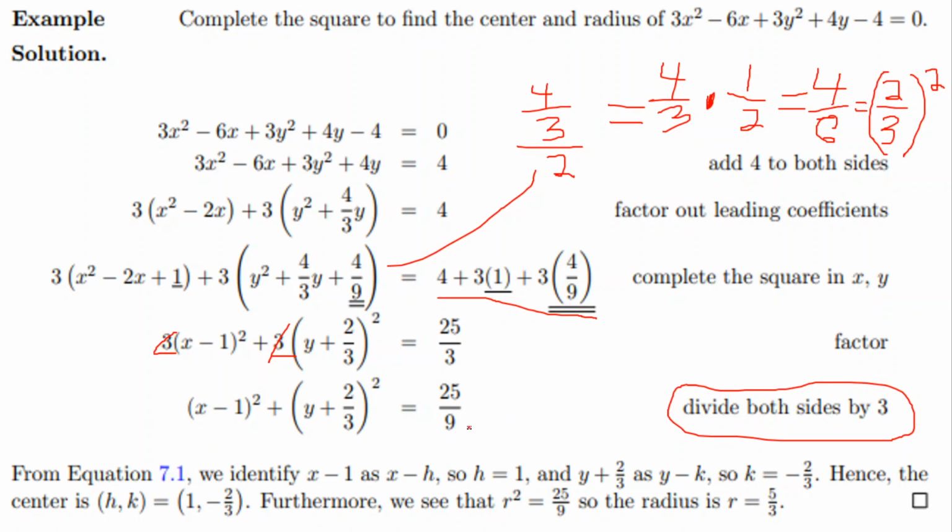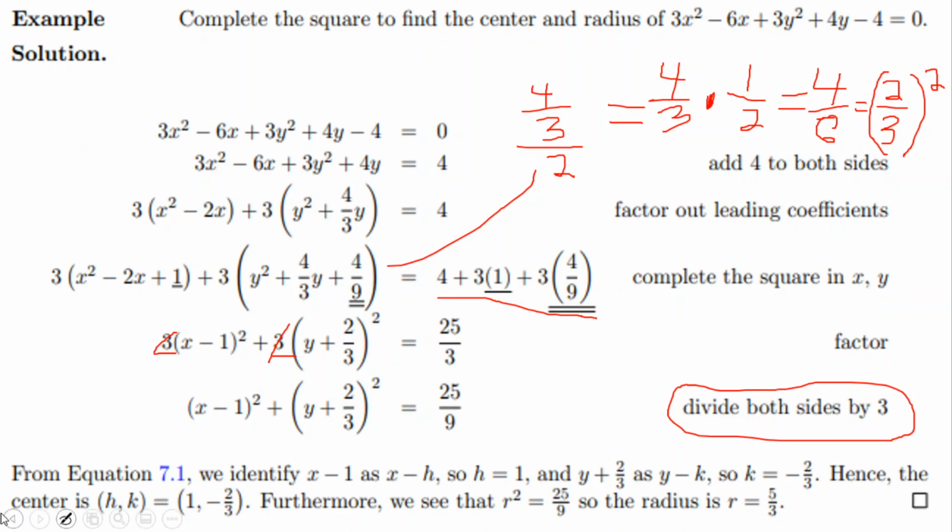Then, again, when we divide this by 3, same process as above. Okay? So, 25 over 3 times, what is the reciprocal of 3? 1/3. So, 25 over 3 times 1/3 is 25 over 9.